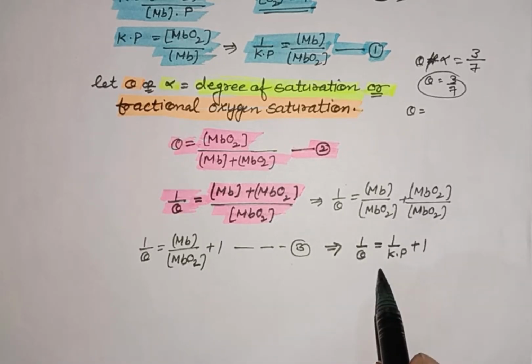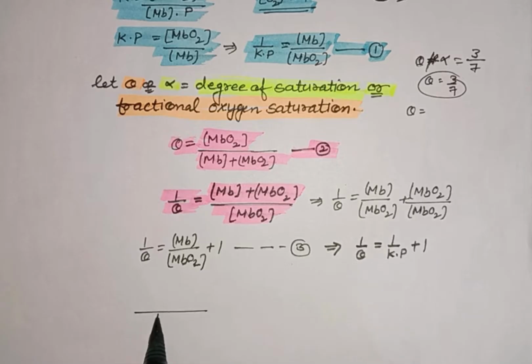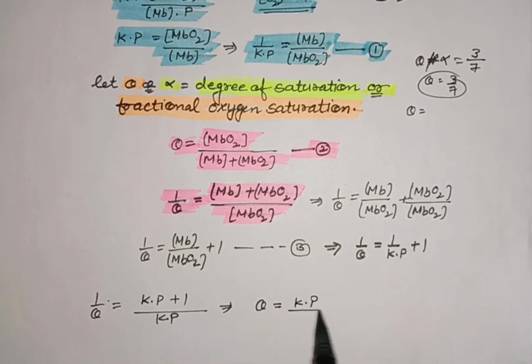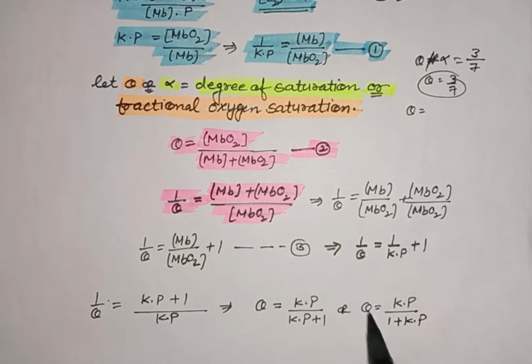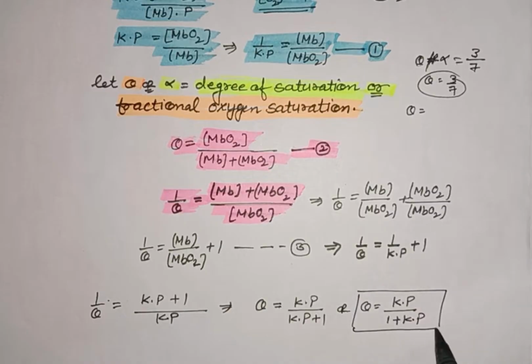Taking the LCM, 1 upon theta equals K dot P plus 1 over K dot P. Now inverting this equation, we get theta equal to K dot P divided by K dot P plus 1, or simply theta equals K dot P divided by 1 plus K dot P. This is our hyperbolic equation.